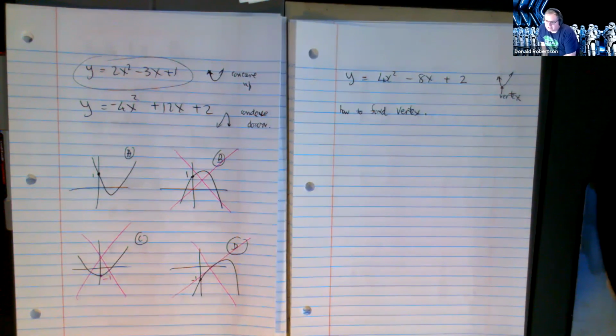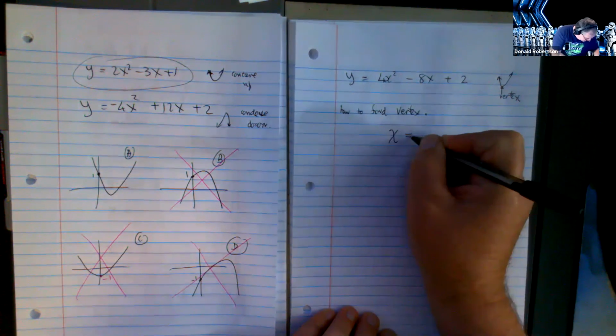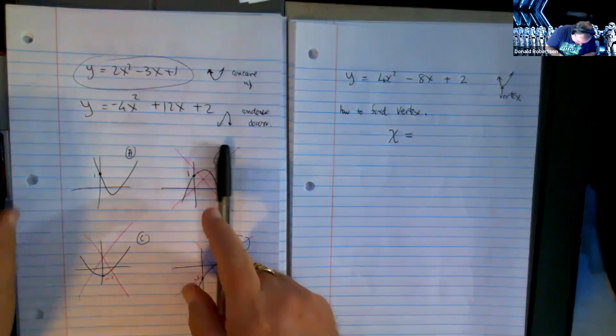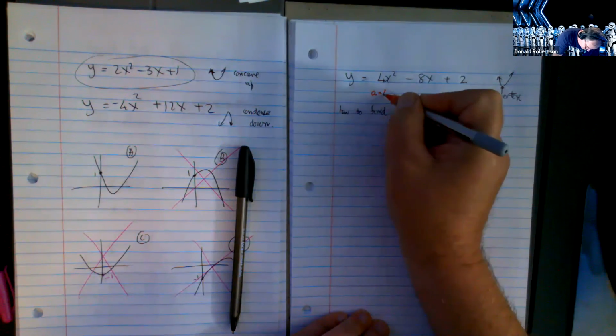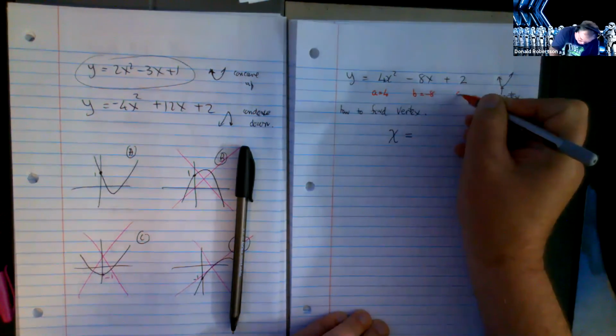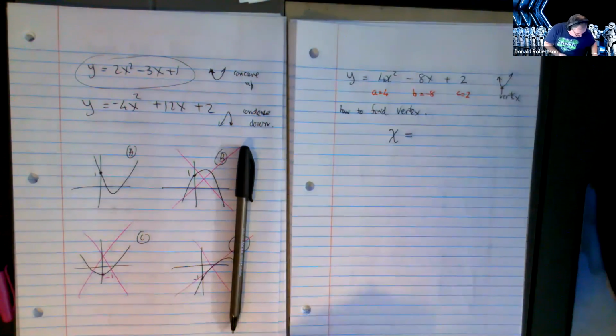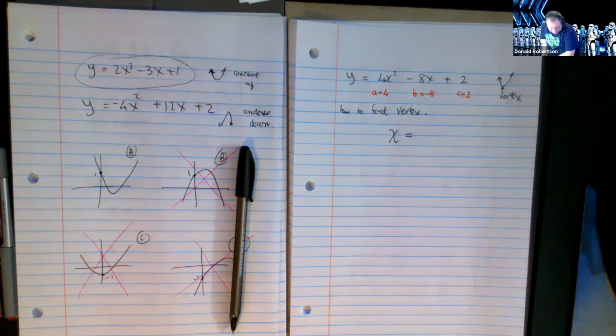Isn't there a formula for getting the x coordinate of a vertex? Agreed? In this question, A is 4, B is -8, and C is 2. What is the formula for getting the x coordinate of a vertex?